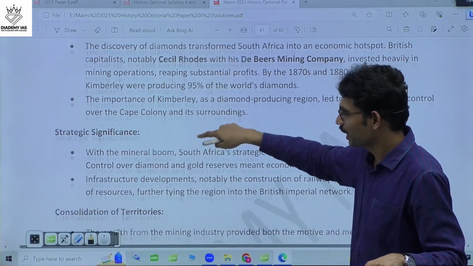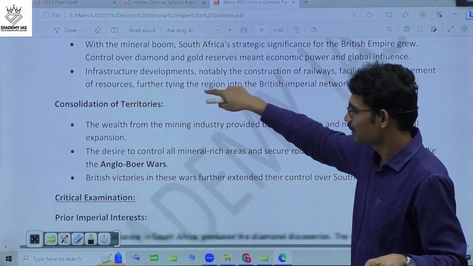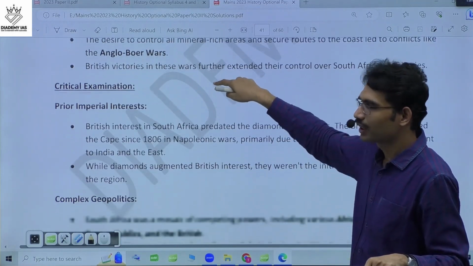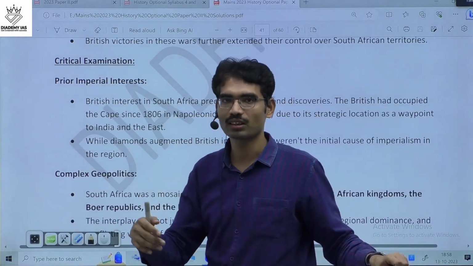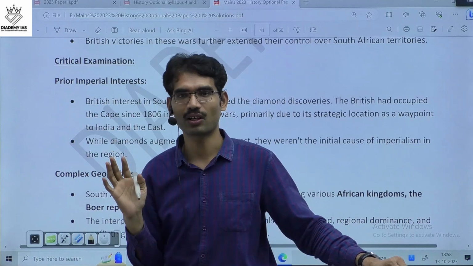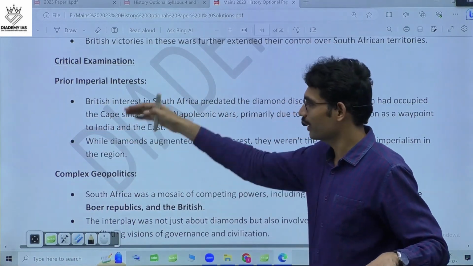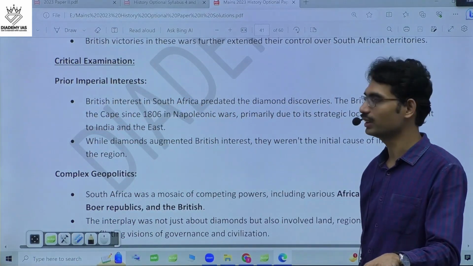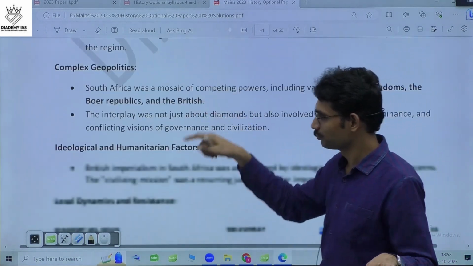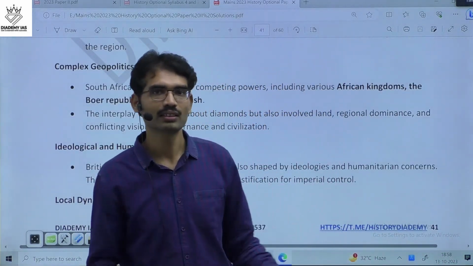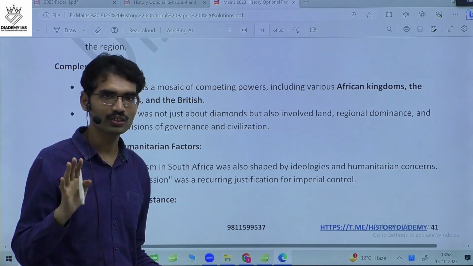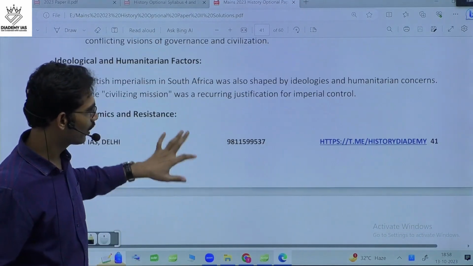Economic interest, strategic significance, consolidation of the territories, likewise. Critical examination means it did not happen only from 1867 onwards. Before itself, already they had the tradition of controlling these territories. Is it clear? So this is one little difficult question, but this is how we have to manage.